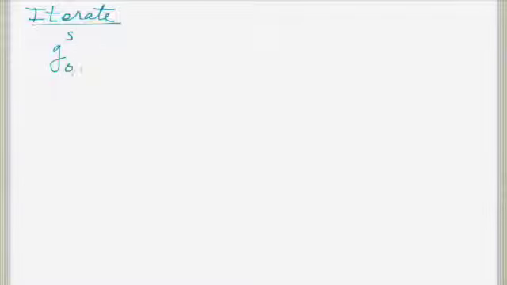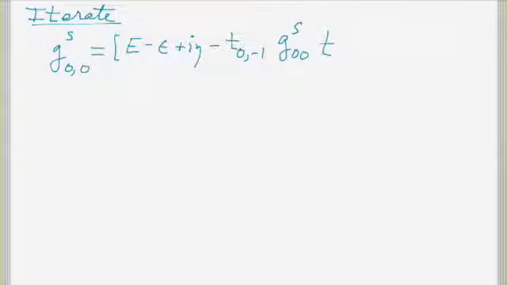We put in this convergence factor, an i eta: GS equals the inverse of E minus epsilon plus i eta, minus T_0,-1 G_S T_-1,0, the whole thing inverted.